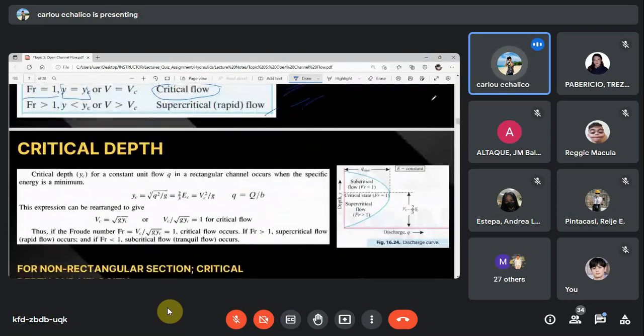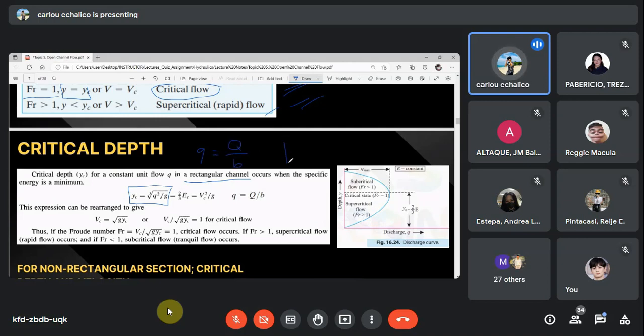Okay, so what is the critical depth? For a rectangular channel, there is already a derived formula to get the critical depth. For the critical depth of a rectangular channel, remember that it is the cube root of q squared over g. What is the small q? Small q is just the ratio of your discharge over the base.